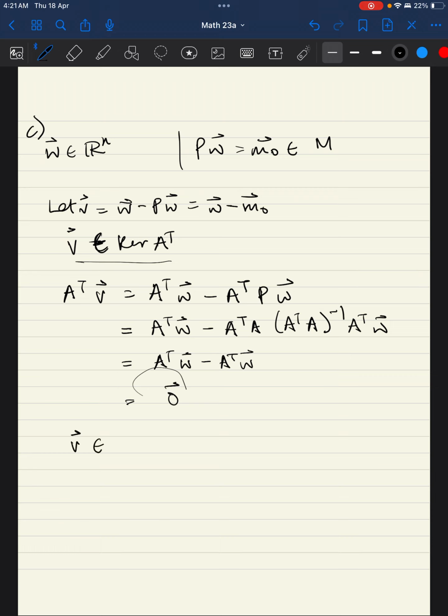So V is in fact an element in the kernel of A^T, which then means that V is perpendicular, orthogonal, to M. Thank you.